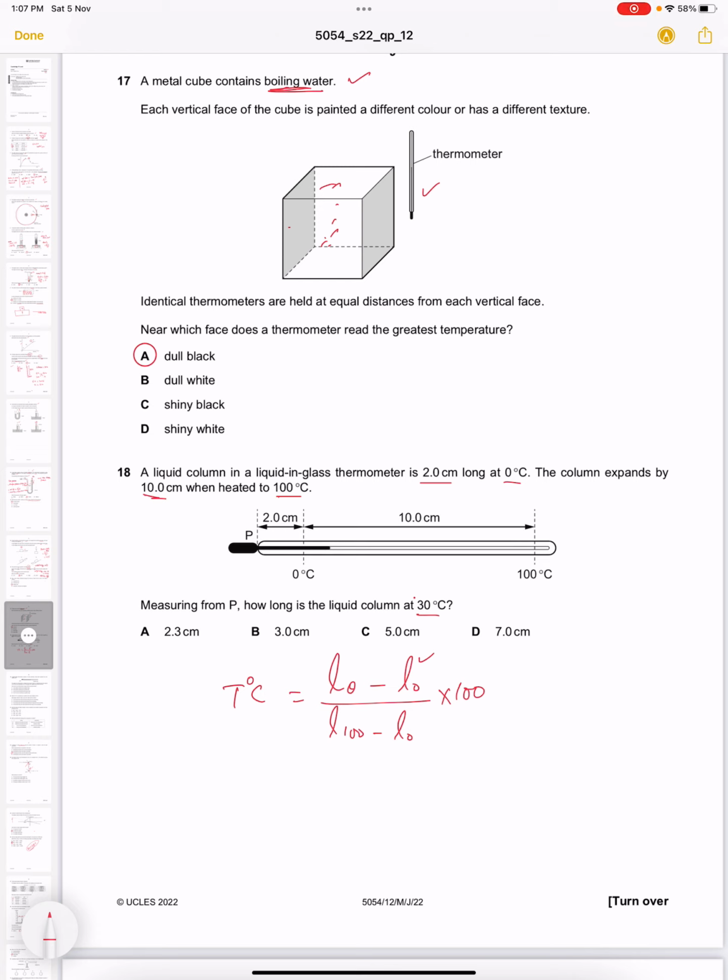So we have to find out length. L0 is the length at 0 degrees Celsius. We have to find out this length, L theta. So let's put values.